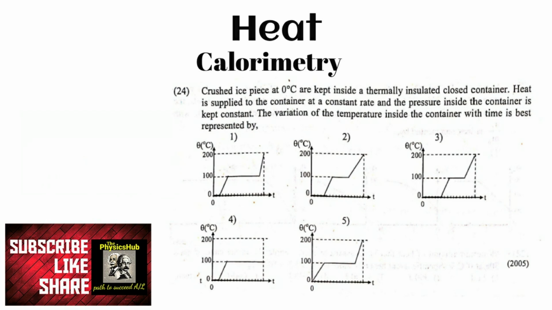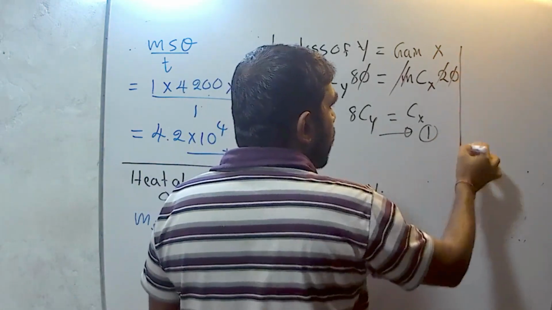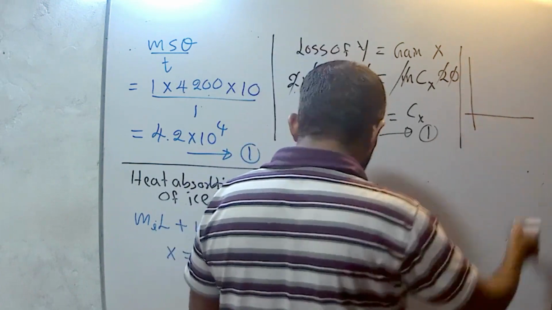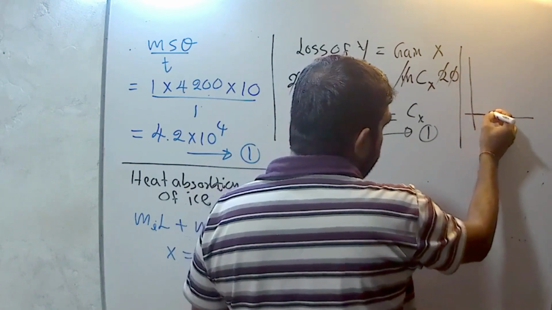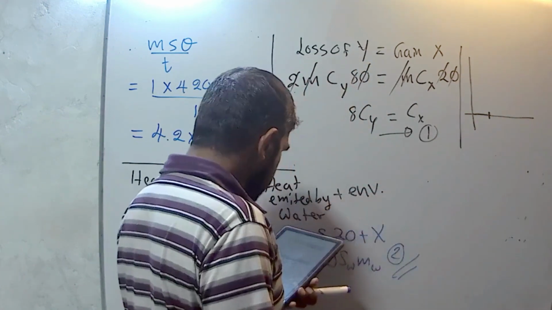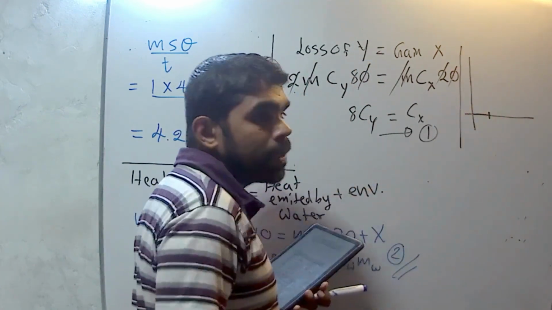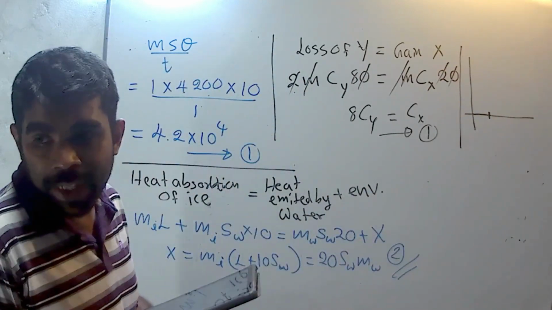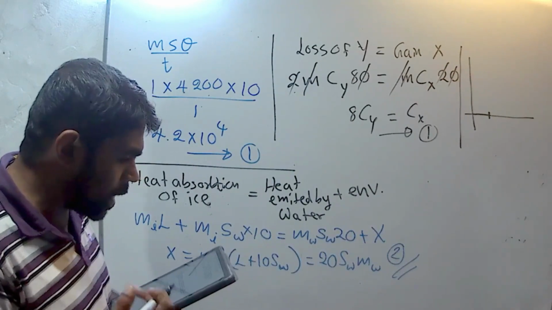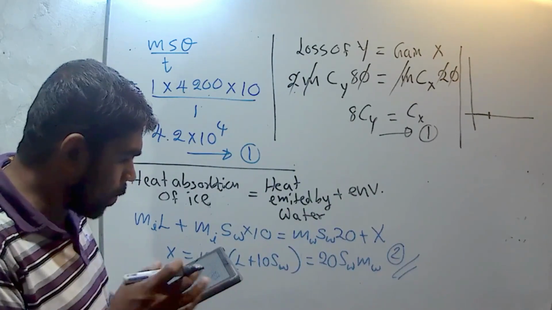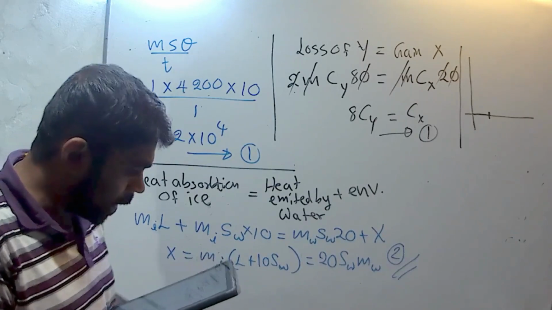The variation of temperature inside the container with time is best represented by which graph? The heat absorbed by the material for the fusion is a small value like this. The amount of heat energy absorbed is directly proportional to the time, because there is a constant rate of heat.